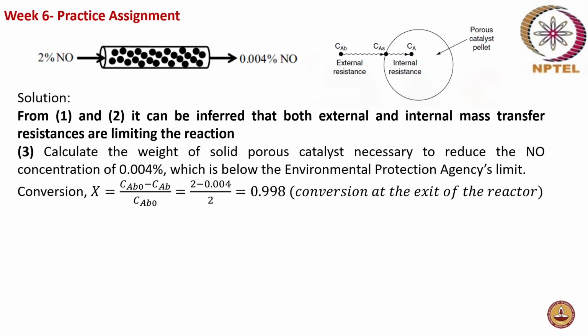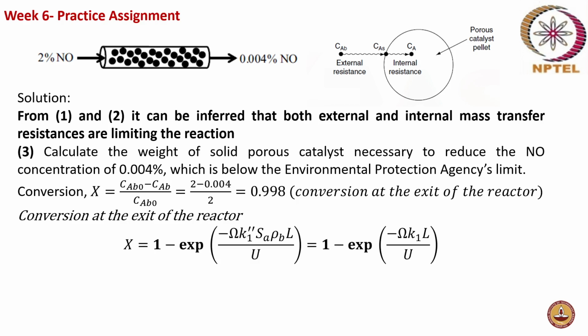So this is the conversion at the exit of the reactor, right? Because this 0.004% is the concentration of nitric oxide coming out of the reactor. That means the conversion we have obtained is the conversion at the exit of the reactor, right?